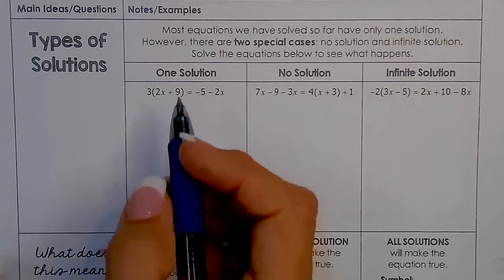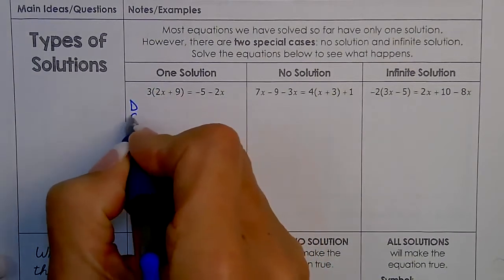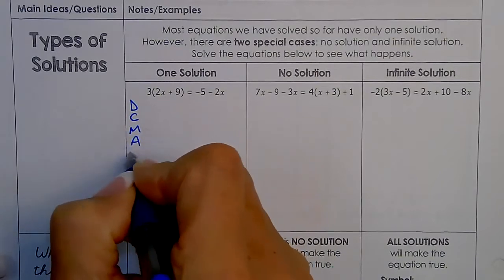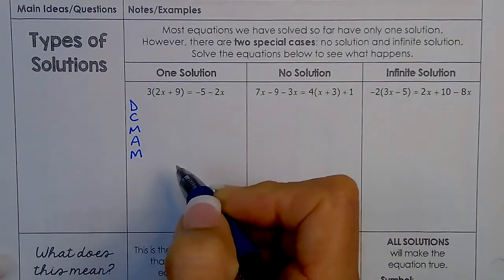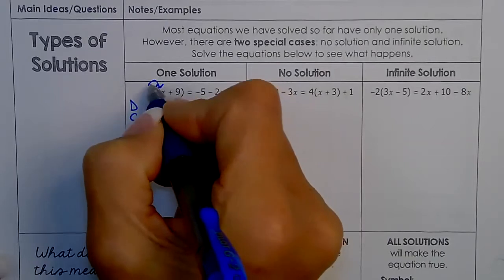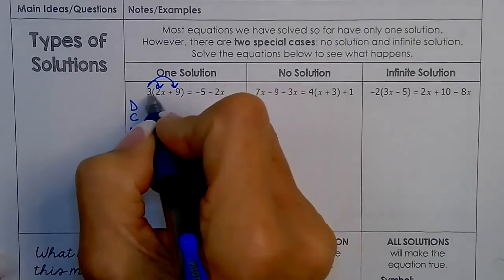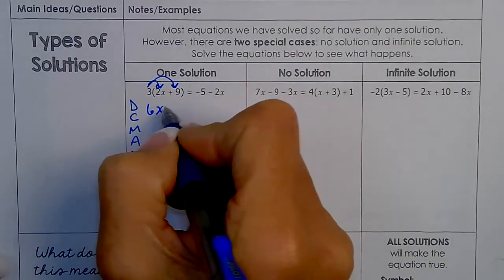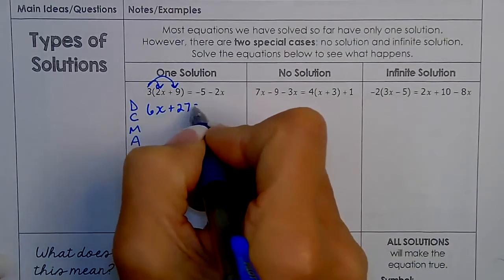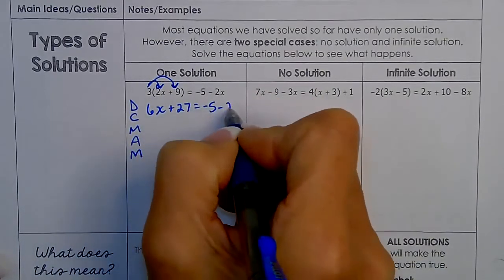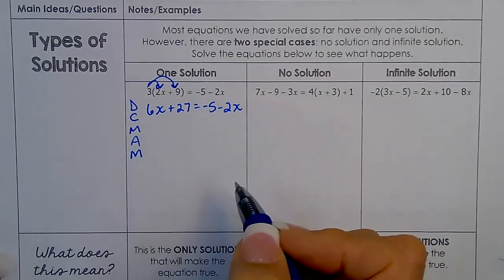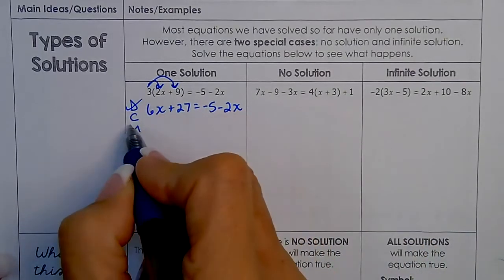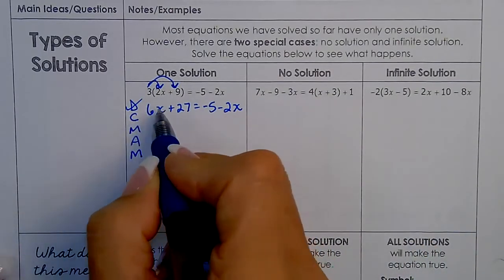So one solution, we're going to use "Don't call me after midnight." I see that I do need to distribute. So that gives me 6x plus 27 equals -5 minus 2x. Next, see if I have to combine like terms.